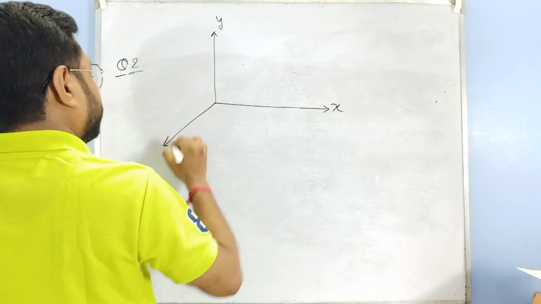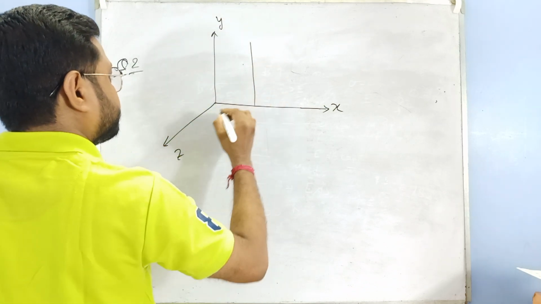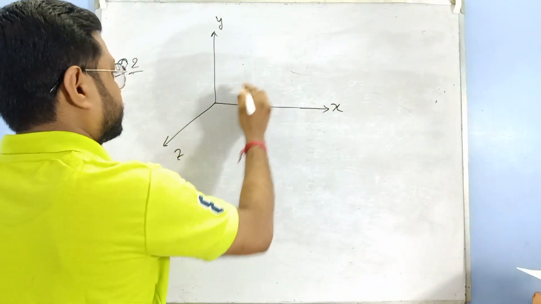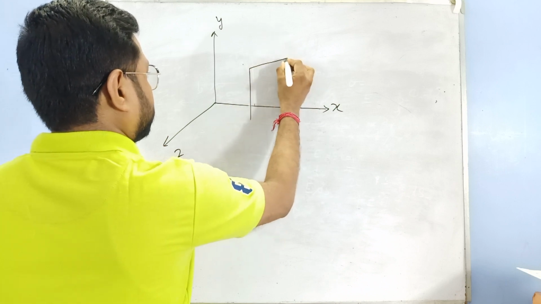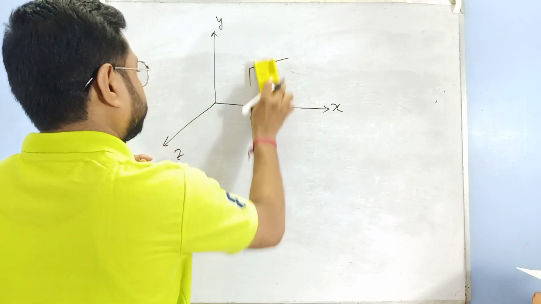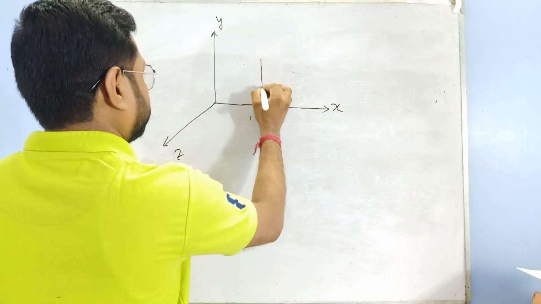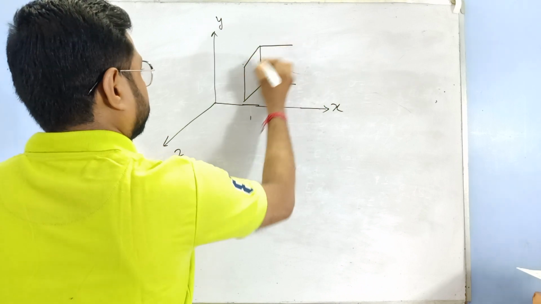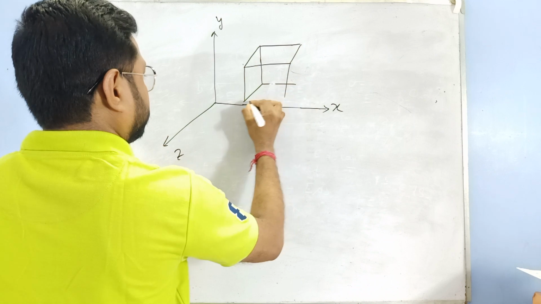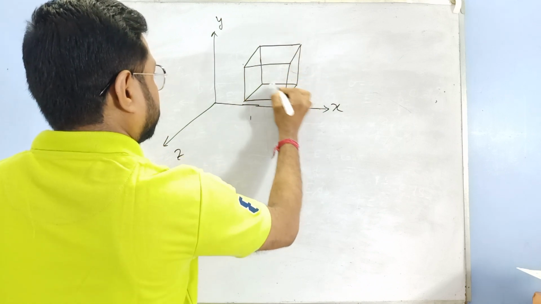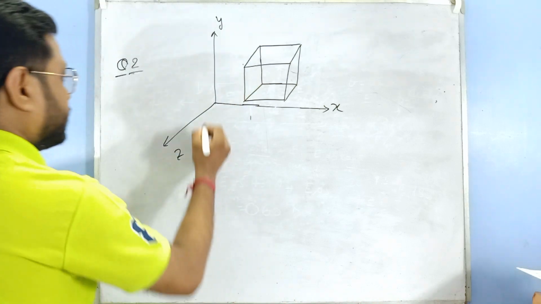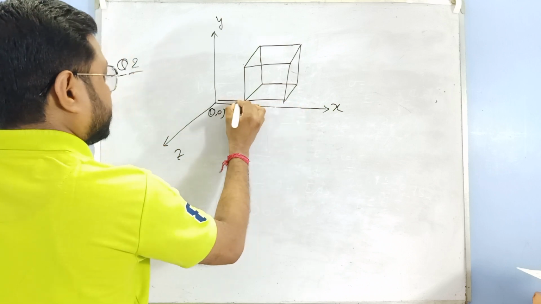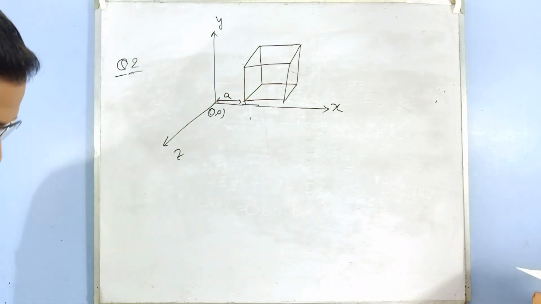X, Y, Z. A square is situated, this is a square, as this is 0, 0, the origin, and this square is situated at a distance a from the origin.